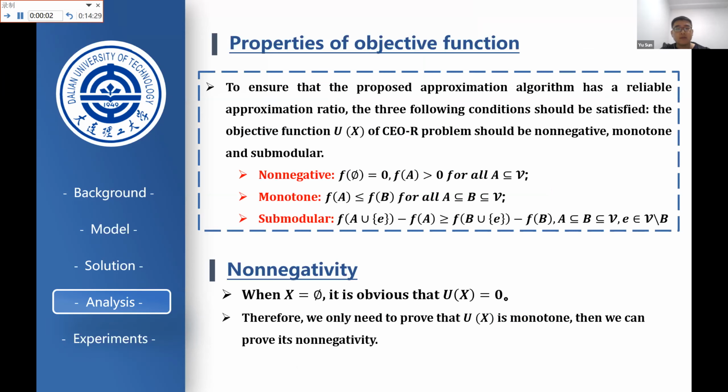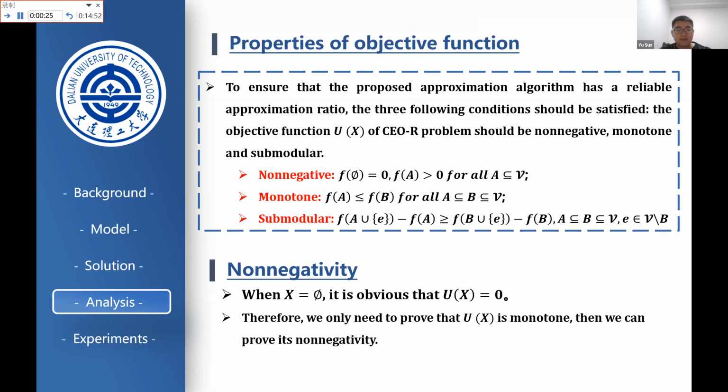So to ensure that our proposed approximation algorithm has a reliable approximation ratio, these three following conditions should be satisfied. That is, the objective function UX of the COR problem should be non-negative, monotone, and submodular. And the definitions are given below.